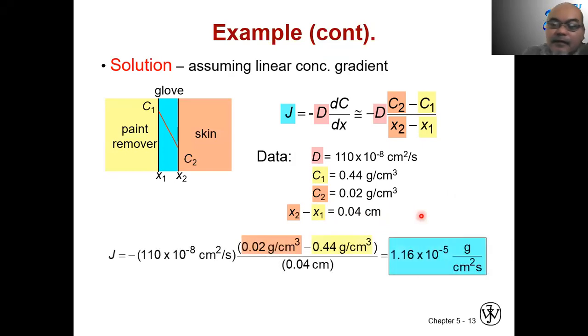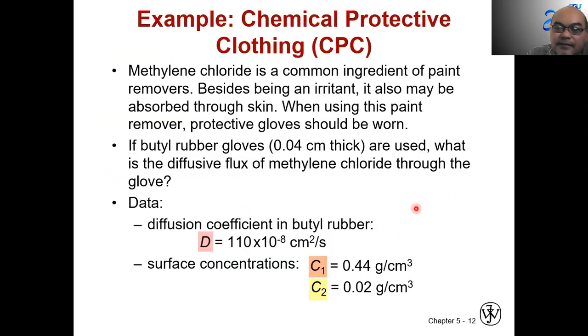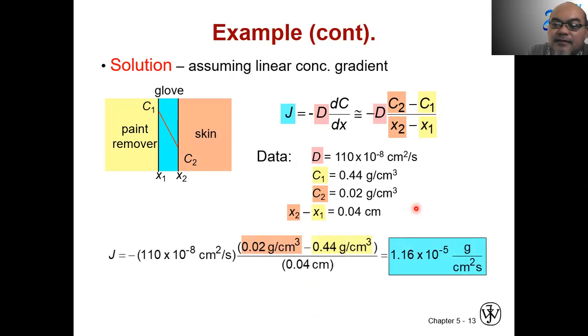So then we can calculate J, the flux, equals minus D, minus 110 times 10 to the power of minus 8, times delta C, 0.02 minus 0.44, divided by 0.04, the thickness. Then we will obtain the flux of methylene chloride as 1.16 times 10 to the power of minus 5 gram per square centimeter per second.